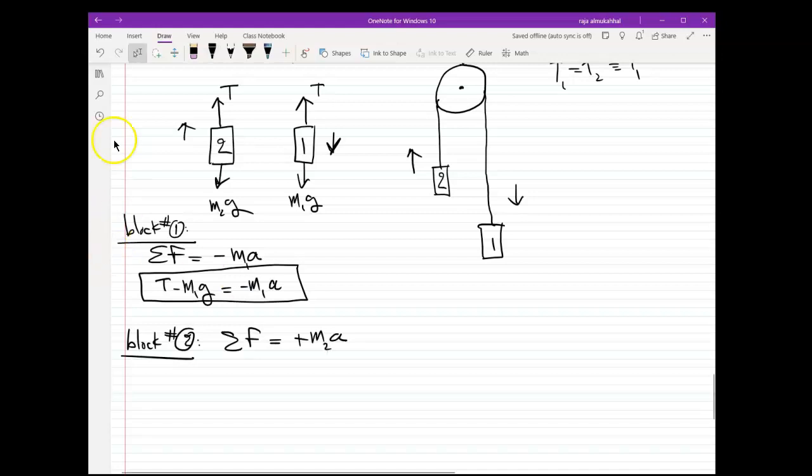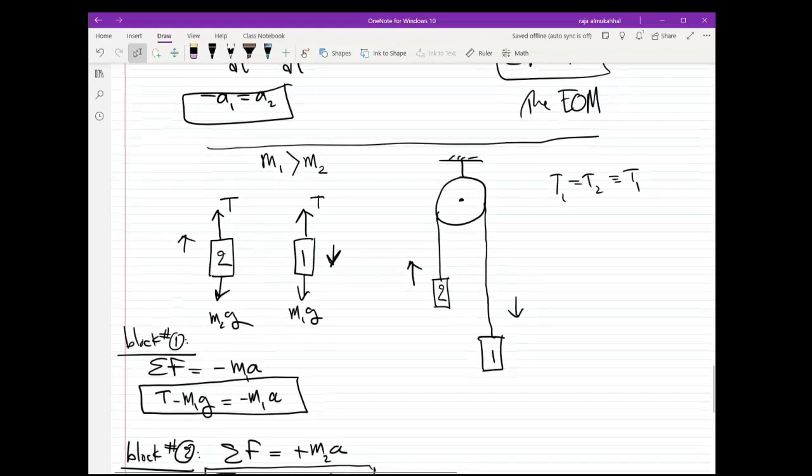So it's moving up, here's the arrow, moving up. So we have here T minus m2g equals m2a. I have that, okay? Suppose that I want to find, I forgot what the question is asking. Let's say that the question says, find the acceleration.